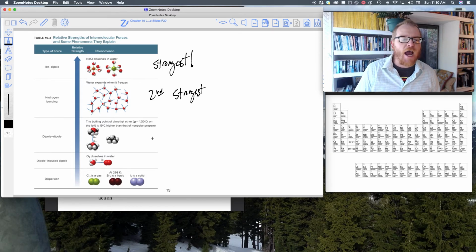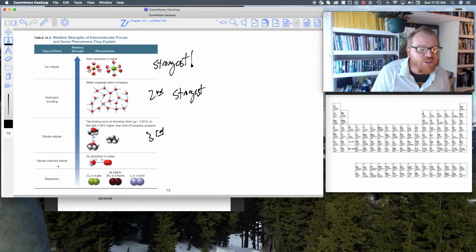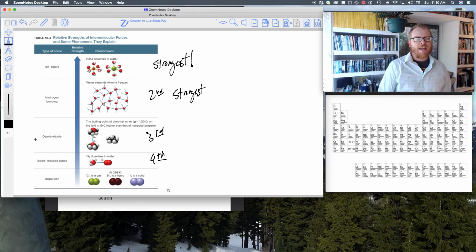So the dipole-dipole is third. Okay? And so we talked about that when we compared the boiling point of acetone to that 2-methylbutane, I think the molecule was. So the dipole-dipole interaction is very strong. Dipole-induced dipole is in fourth place, and then in fifth place is the dispersion force.